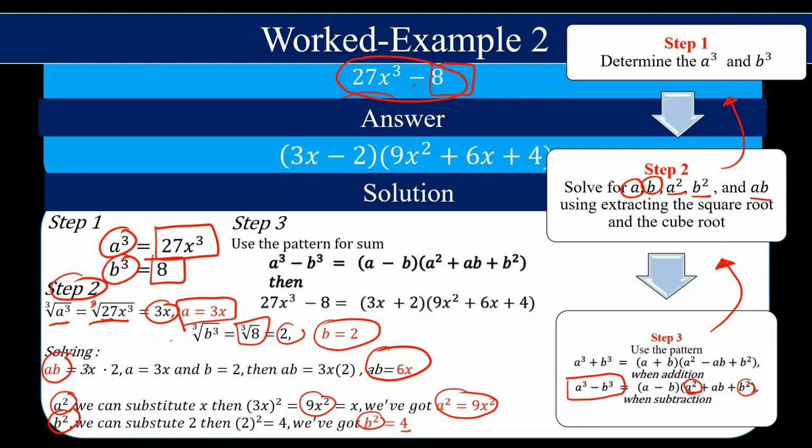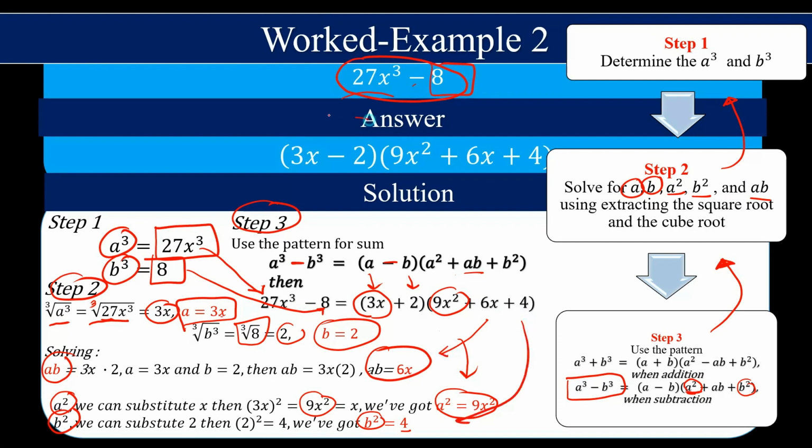So here, step 2 is done. Now, for the current step number 3, we use what we got in step number 2. Again, look: the sign used is minus, so the sign that follows is minus, then plus for all the rest. The first is 27x cubed, then 8. Then our a is 3x, and our b is positive 2. Our a squared is 9x squared, ab is 6x, and 4 is our b squared.